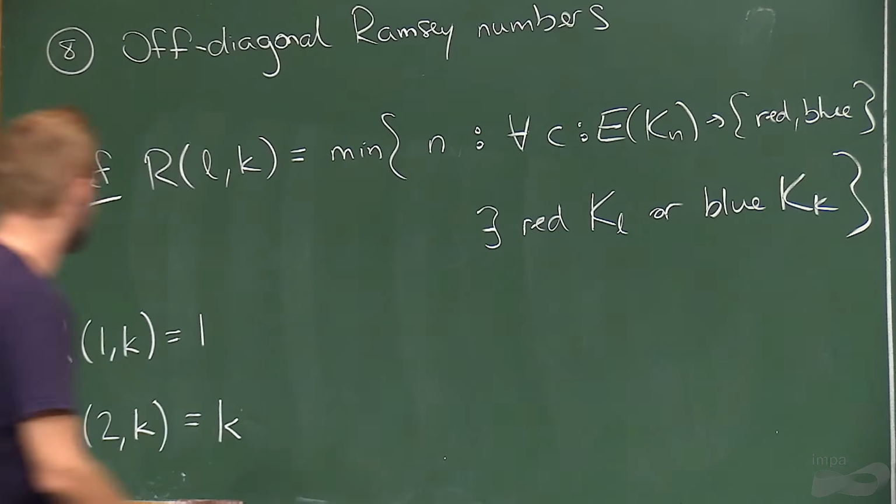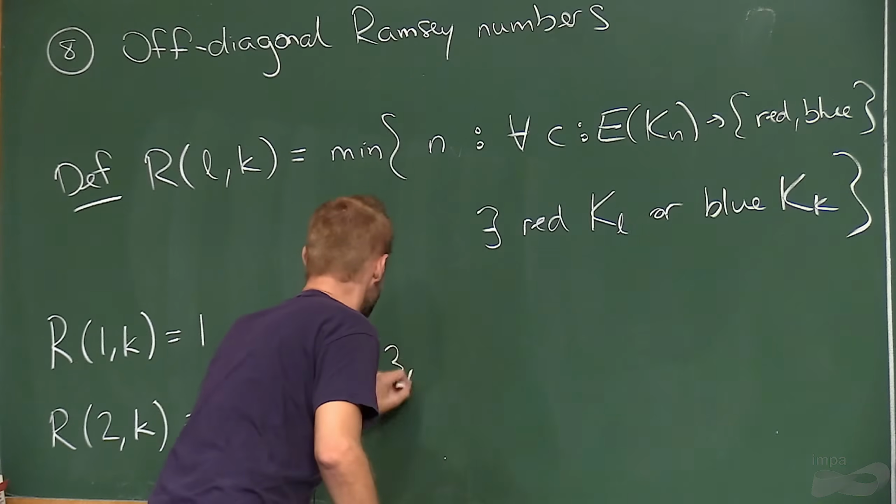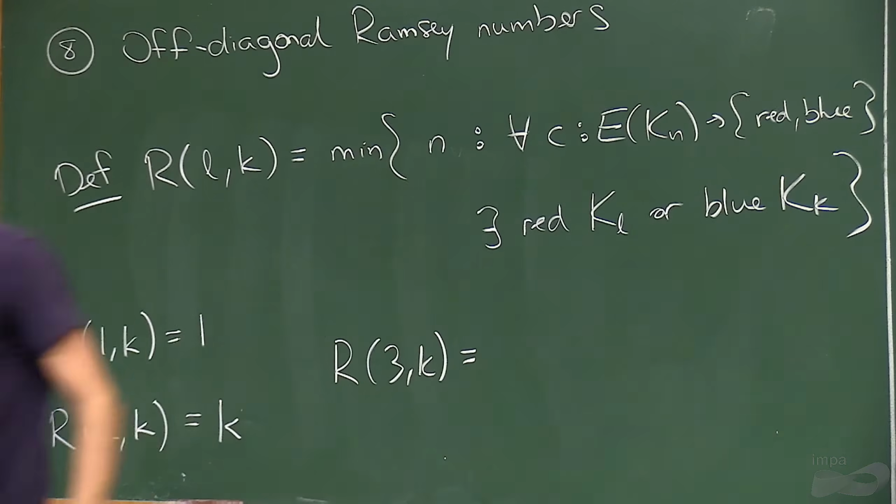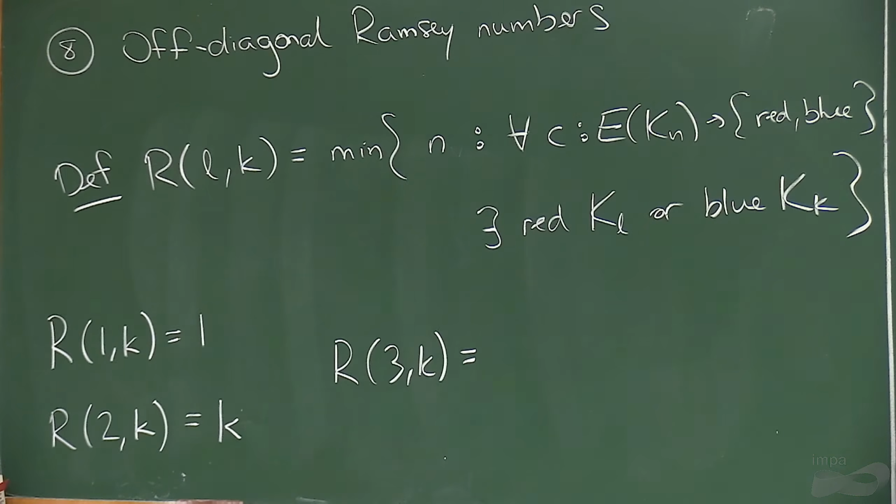Okay, we're doing well. R(3, k). So now we want to avoid a red triangle or a large blue clique. Suddenly it's not so obvious what to do.